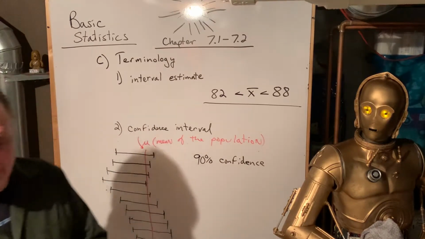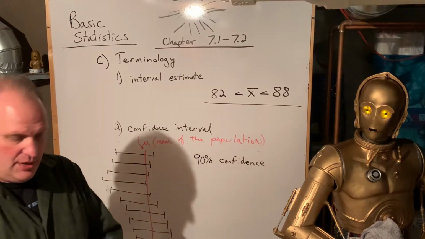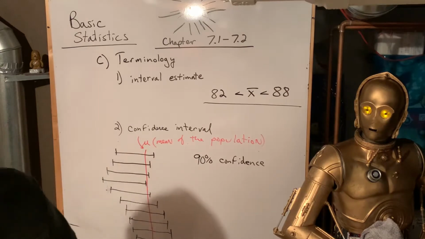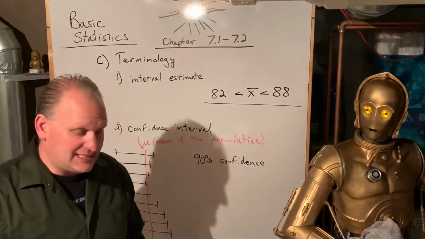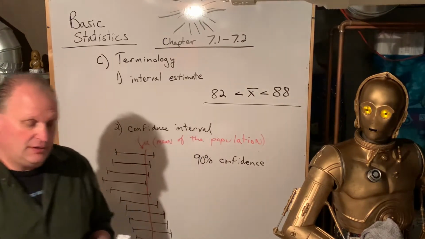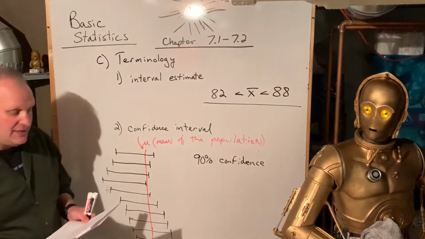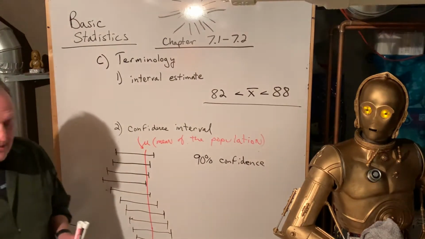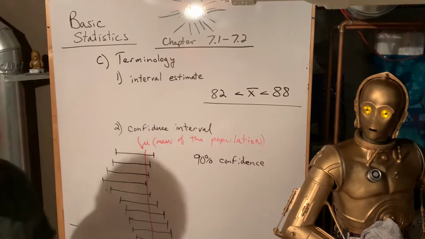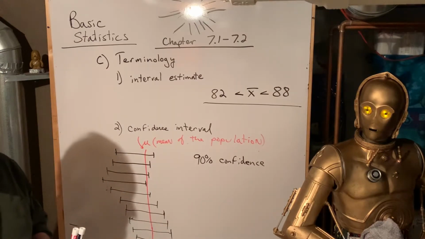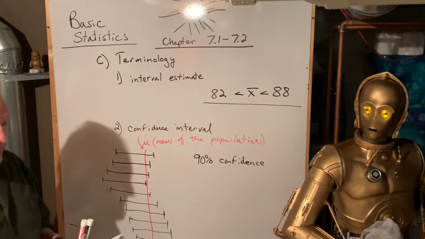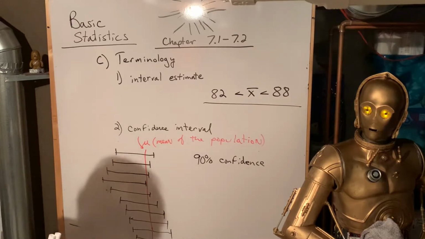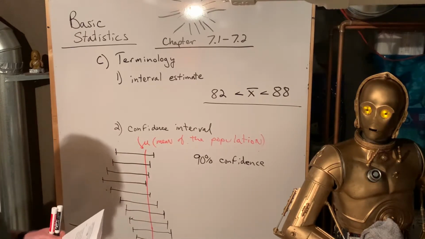Okay, so let's look at the next page, page 2. The confidence level of an interval estimate of a parameter is the probability that the interval estimate will contain the parameter. So the confidence level is the percentage equivalent to the decimal value of 1 minus alpha.